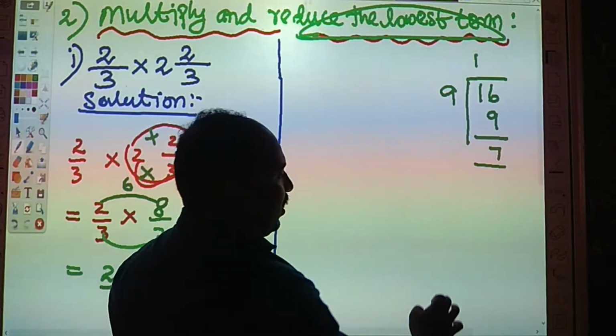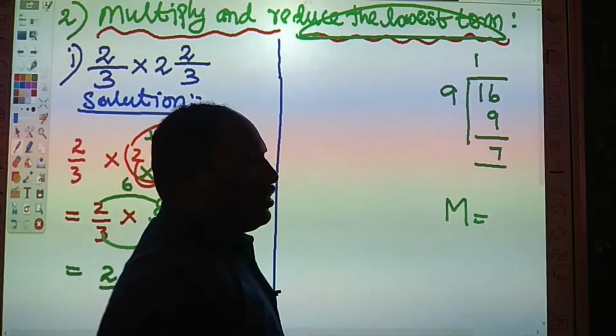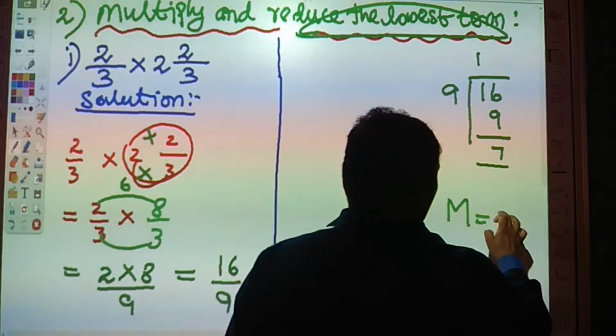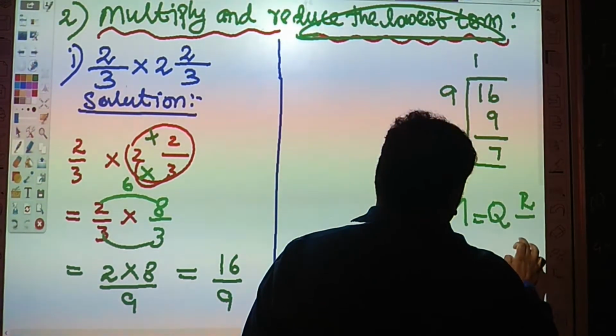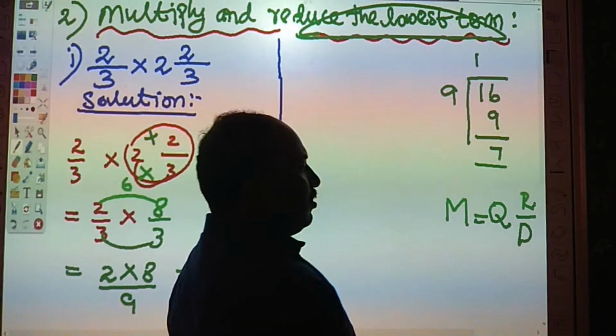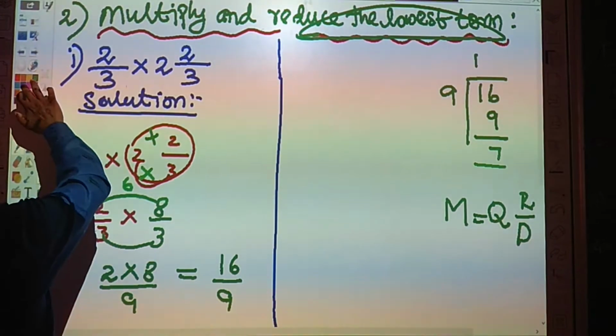Next, the mixed fraction. What is the mixed fraction? Already we know that a mixed fraction is quotient into remainder divided by divisor.